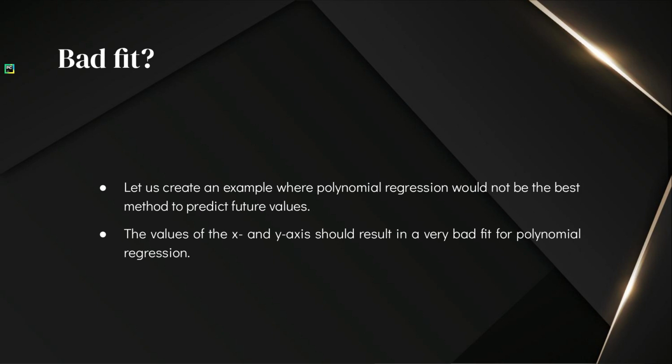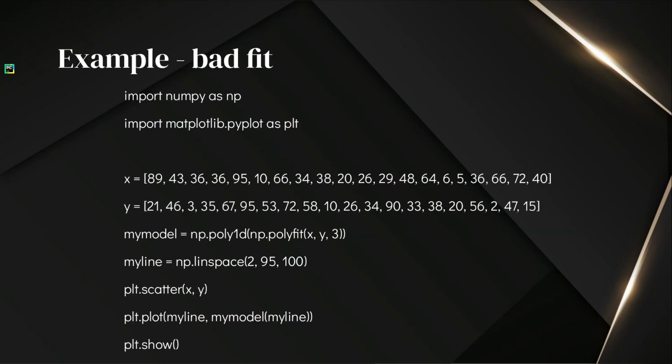Now let us see an example where polynomial regression is not the best method, and because of this the values of the x and y axis will result in a very bad fit. Here we have two lists x and y with values that are not very nicely related, and when we create an array and create a line, you'll see what I mean.